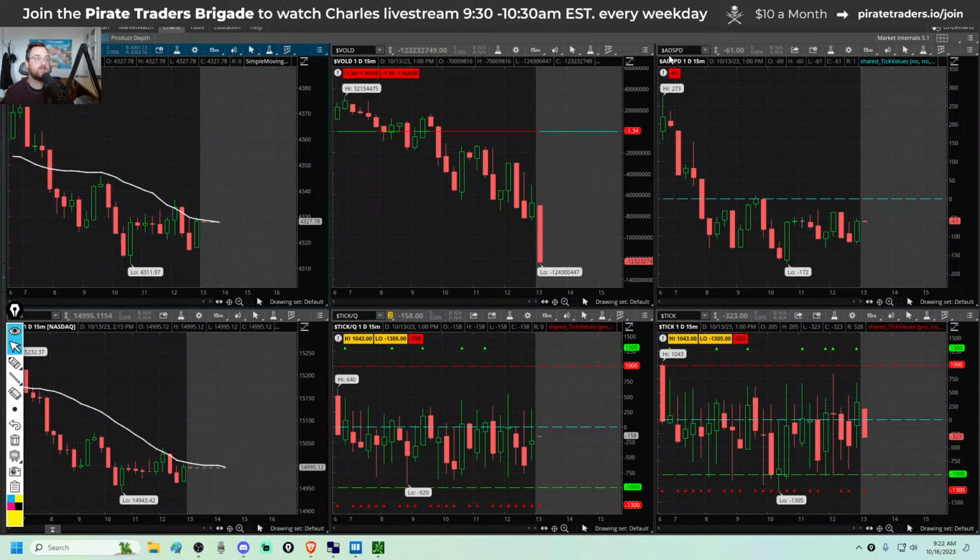You can do for the advancers versus decliners either ADD, which is the full market, all the stocks being traded, or the ADSPD, which is just the stocks in the S&P 500. Then for the ticks, TICK, that's the NYSE's ticks, and TICK-Q is the NASDAQ's ticks. The symbols might be slightly different depending on what brokerage you use and what data you use, but it should be something in this range. Just Google it and you'll figure it out.